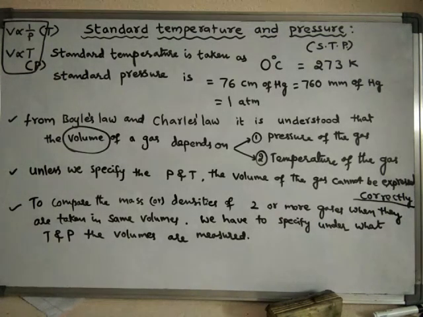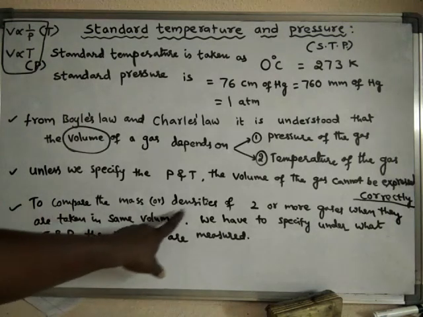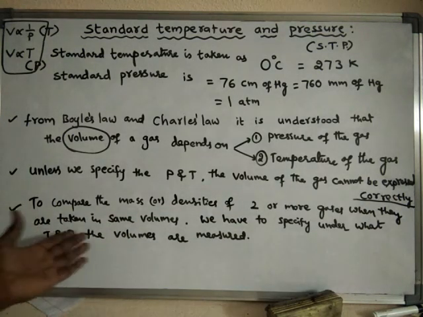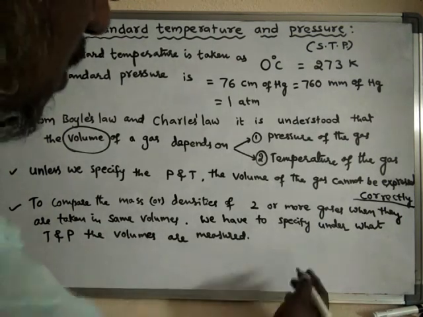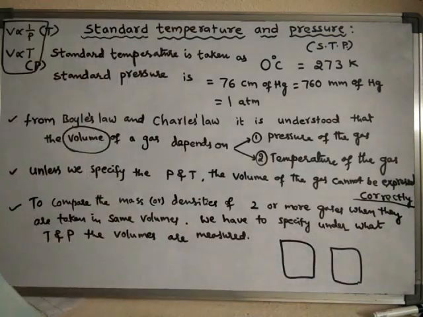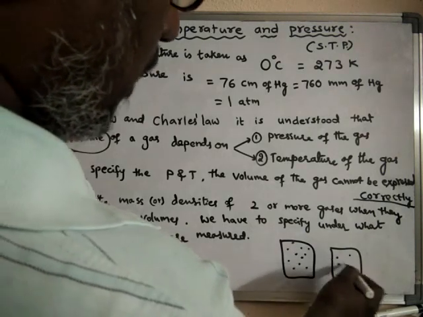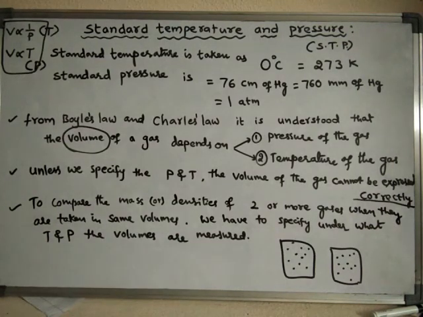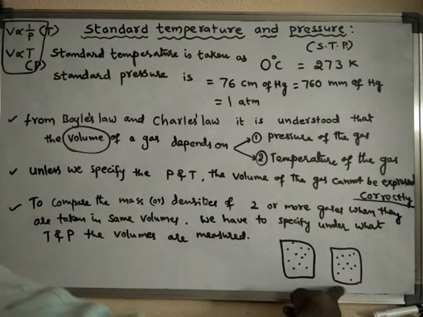And one more thing. To compare the masses, or the densities, of two or more gases taken in the same volumes, suppose two different gases, for example 1 liter of oxygen and 1 liter of hydrogen, two different gases.